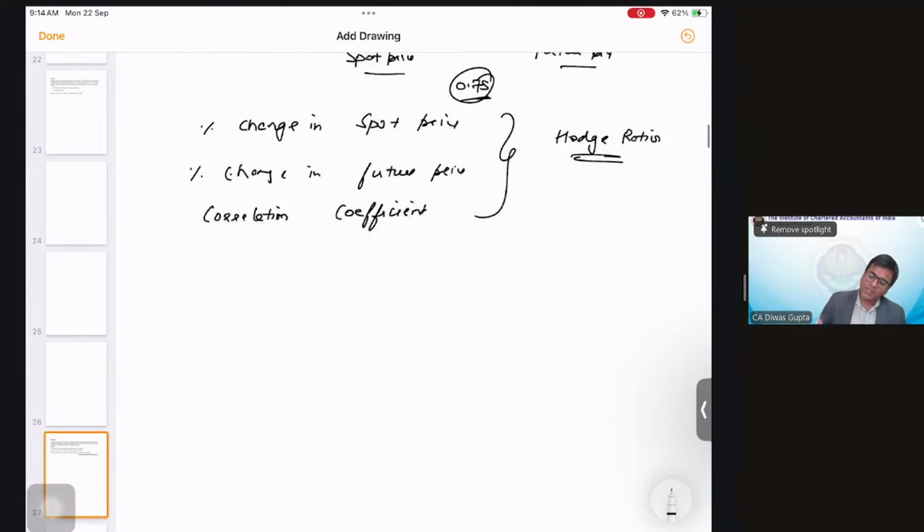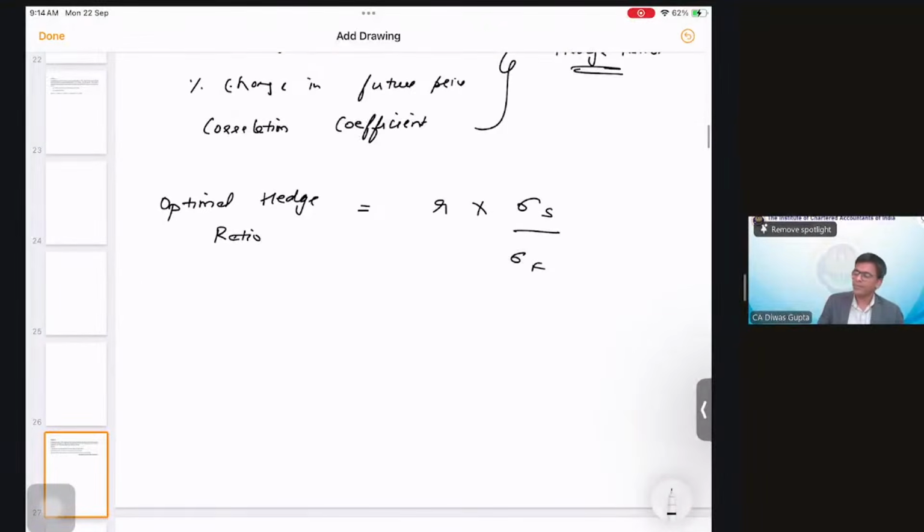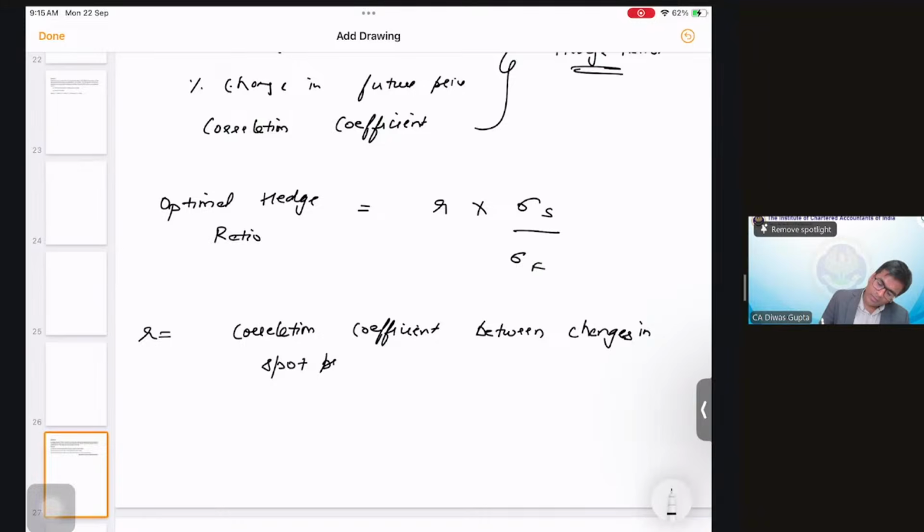So the optimal hedge ratio is given by R into the standard deviation of spot price divided by the standard deviation of futures price, where R is the correlation coefficient between changes in the spot price and future price.